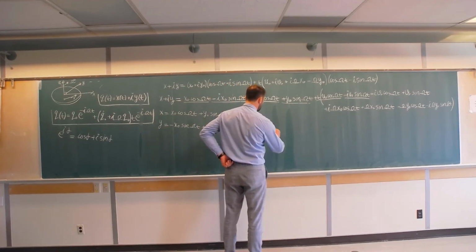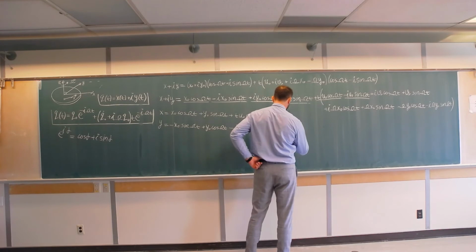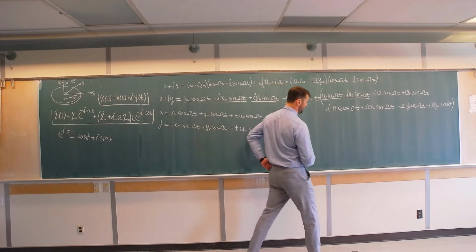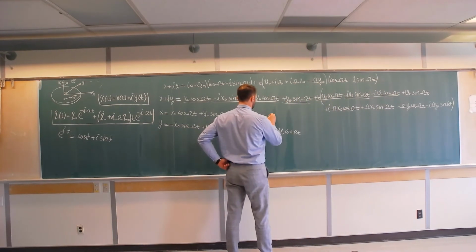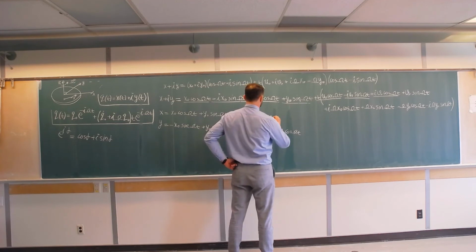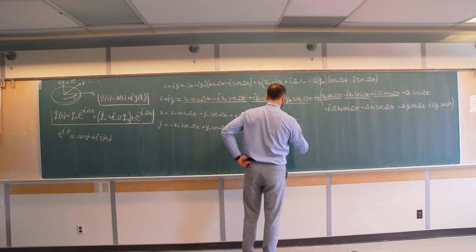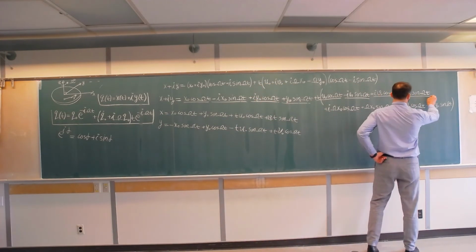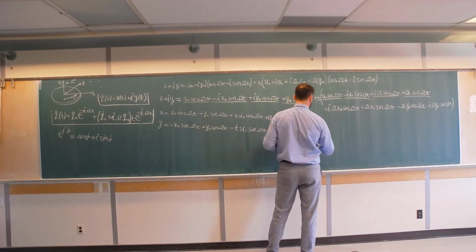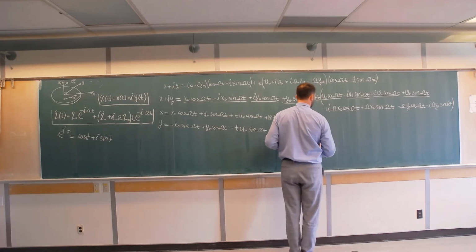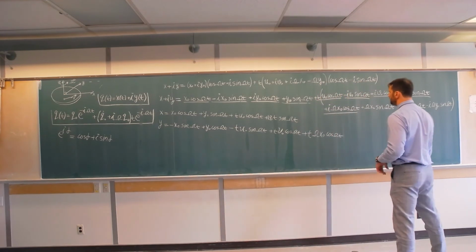We further have t v0 cosine omega t. We collected this term. Now we have plus v0 times t sine omega t. We finished with this term and now we have this second row. So here we will have plus t omega x0 cosine omega t. That's this term.